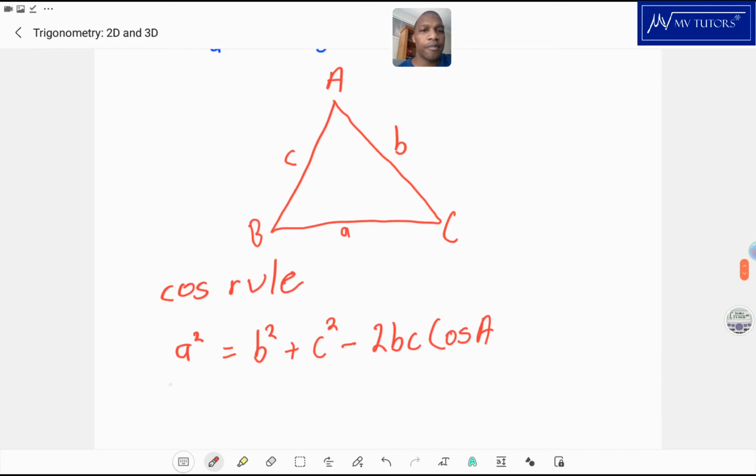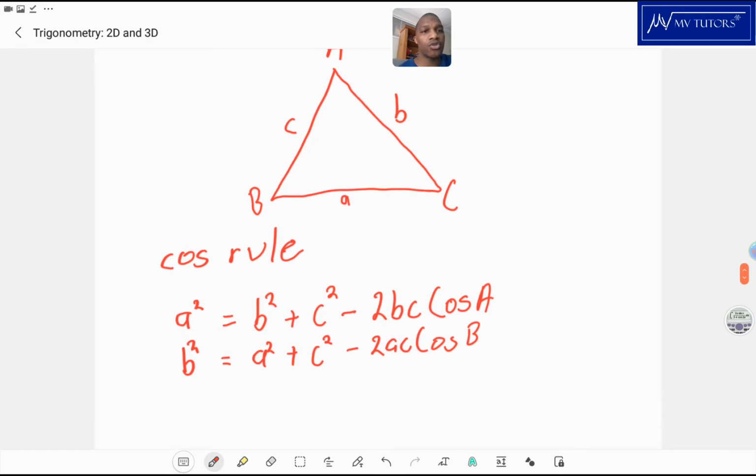If you want to solve for B, then b squared would be equal to a squared plus c squared minus 2ac cos of B. I'm sure you're starting to see the pattern now: you start with the side that you're looking for, and that's equal to the other sides.